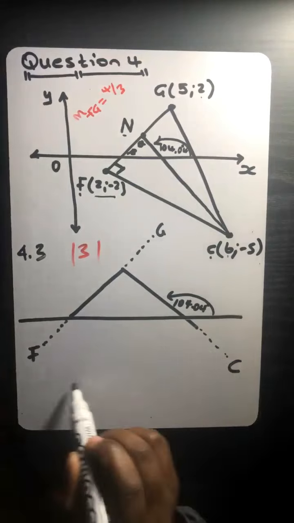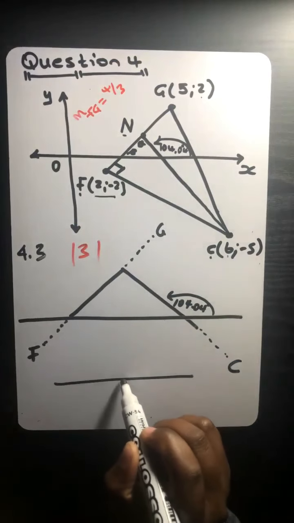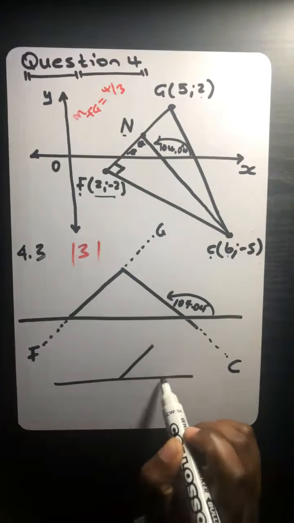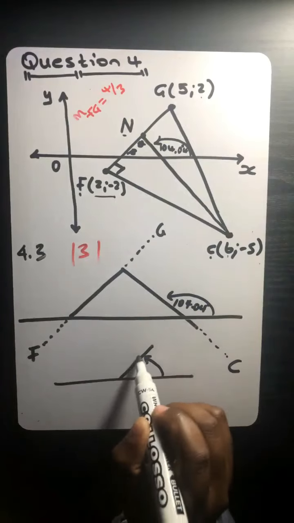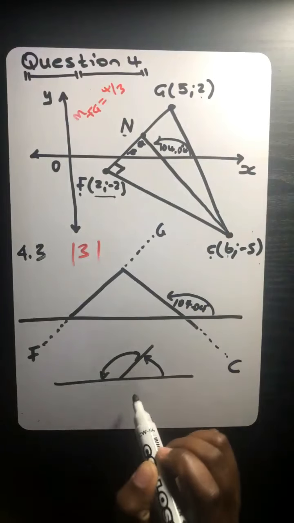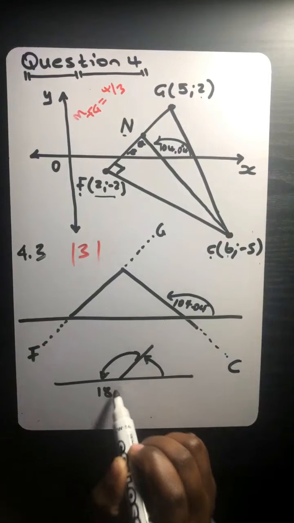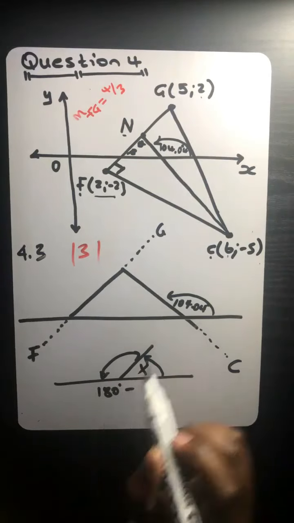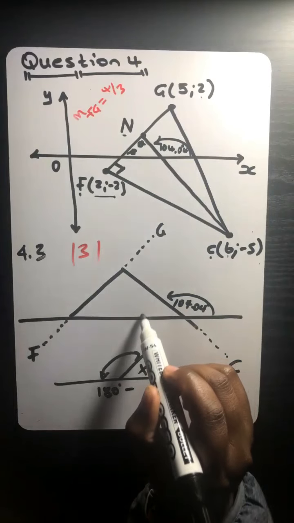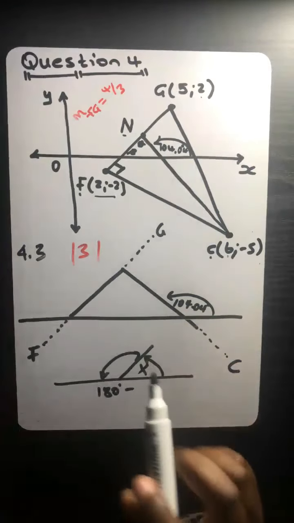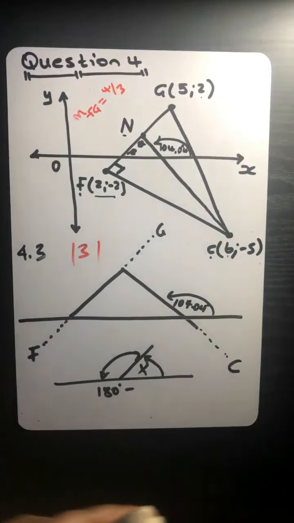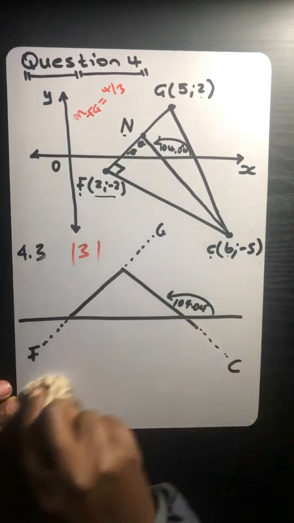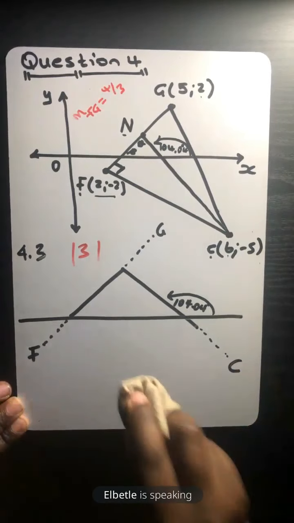I noticed something there, that already we've got an angle there which is 104,04 degrees. What I know is that if I have this and that angle, I can easily find that angle because it's going to be 180 degrees minus that particular angle. So I'm going to know exactly what that angle is. Is there someone who knows what that angle is? Someone says 75,96.